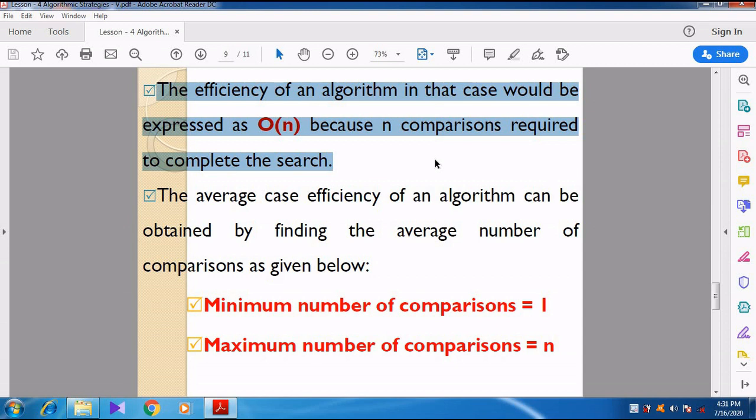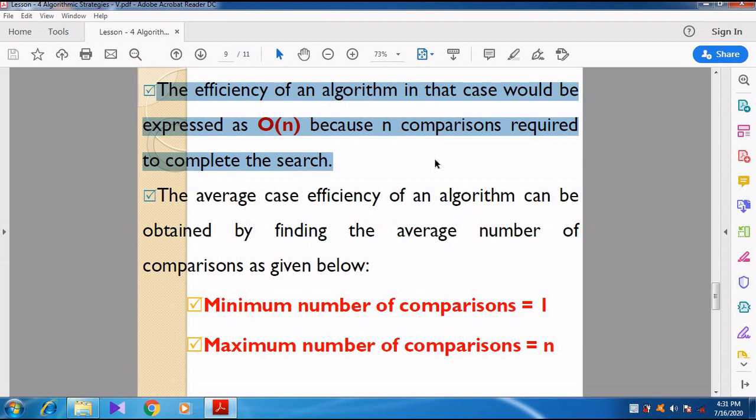If I find the search key element at the last position, for example it may be the nth value, the 100th value, or the 1000th value. From 1000 values, I find the last value as the search key. Or else I may not find it at all. For example, I am searching for the value 6.